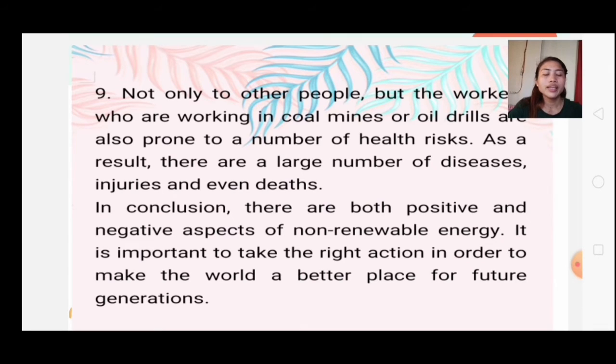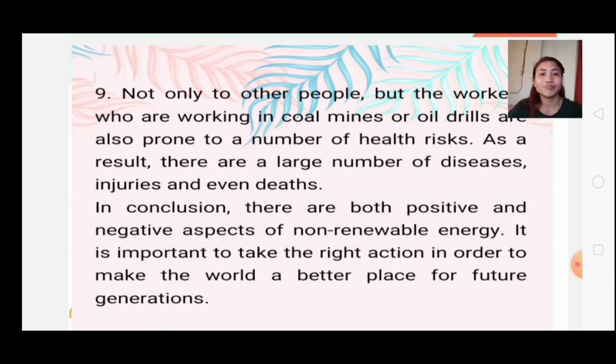So, dili lamang sa mga tawo, apan sa mga trabahante sa minahan sa carbon ang mapeligro sa kahimsog. So, there's a lot of sakit nga ilahang pwedeng makuha sa pagmina. Ang uban kay nangasamad, ang uban kay nangamatay, or ana.